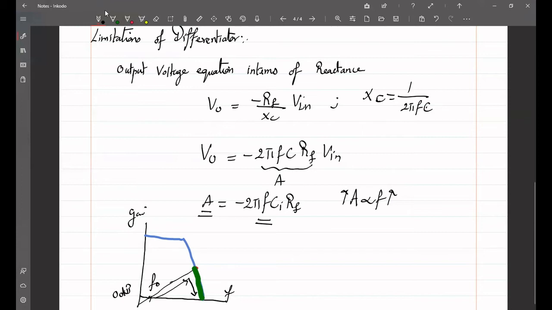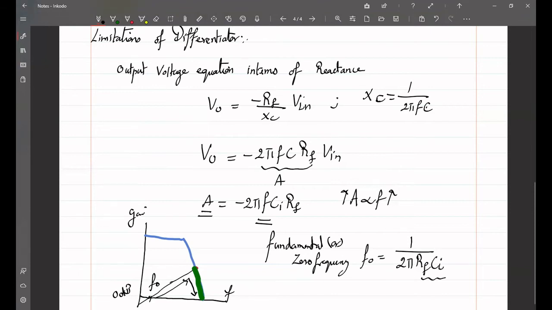The frequency at which the 0 dB gain is attained is called the fundamental frequency or zero frequency. This is denoted as f0, and f0 can be written as 1 by 2π Rf into Ci.